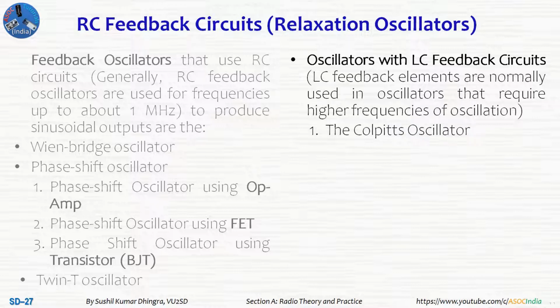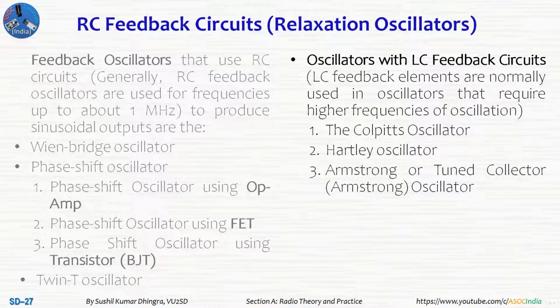Examples are Colpitts oscillators, Hartley oscillators, Armstrong or tuned collector oscillators, and Clapp circuits. I covered these in my previous session, so kindly go through it. I am not going into detail because they are part of resonance and LC circuits.